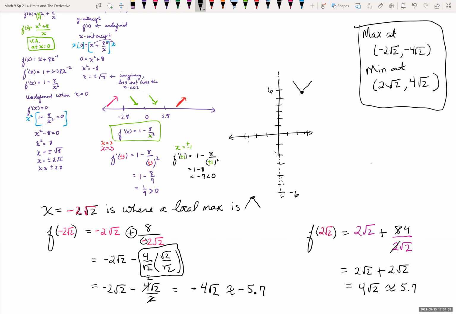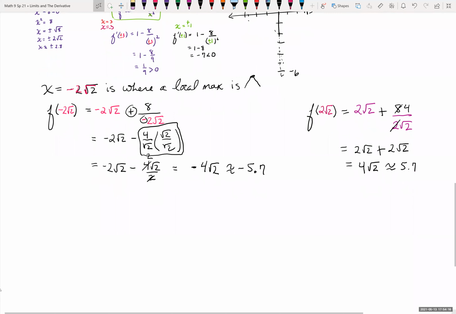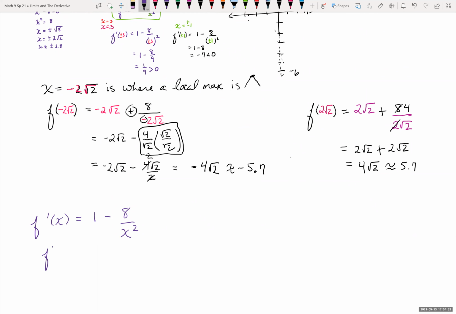We're almost there. The last thing we need to do is find concavity. Concavity is with a second derivative. Let's take it from here. Our first derivative we found was this. Our first derivative was equal to, and let's rewrite it, 1 minus 8 times x to the negative 2 power.